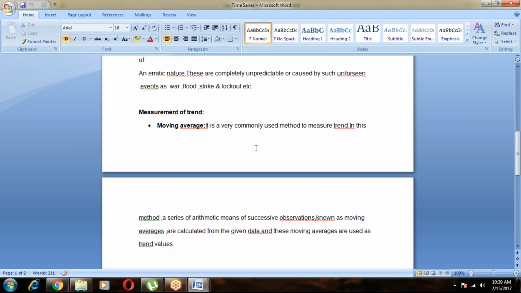When you do those things, you will become familiar with those concepts in more detail. For the time being, you should only know the concepts of what is time series data and what are the types of time series data. Then when you start using statistical software, you will understand how we can forecast the value, because we use time series data to forecast. I want to forecast the sales for the next 6 months or next 10 months.